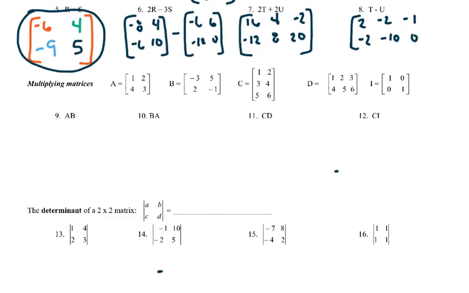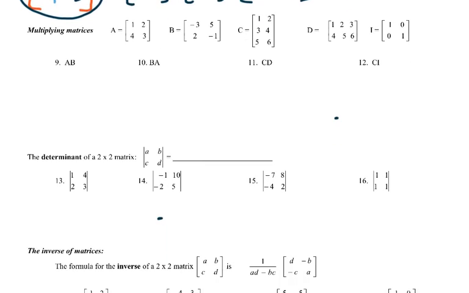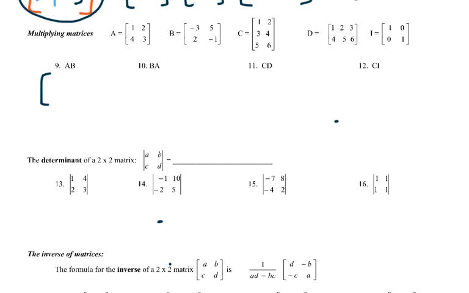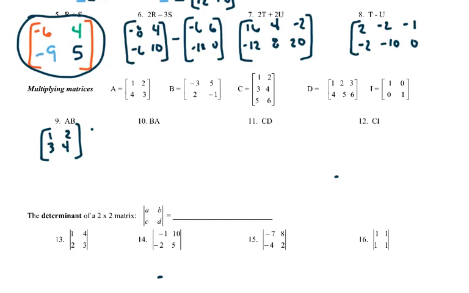Try it here. 1, 2, 3, 4. Anyway, and there we go. And then 1, 2, 3, 4. I'm going to multiply that by matrix B, which is -3, 5, 2, -1.